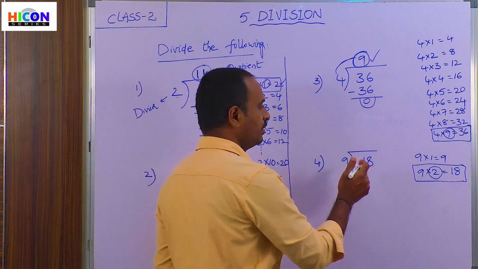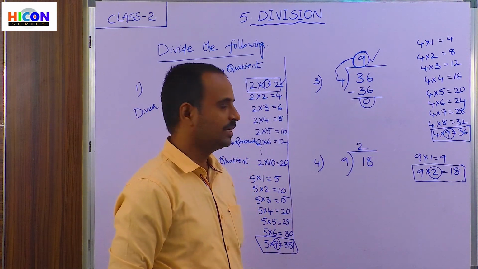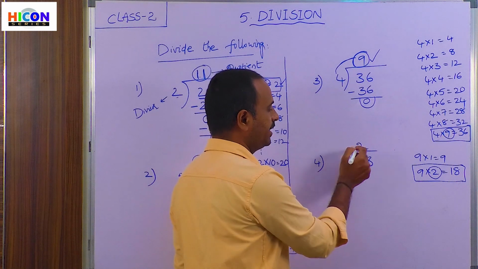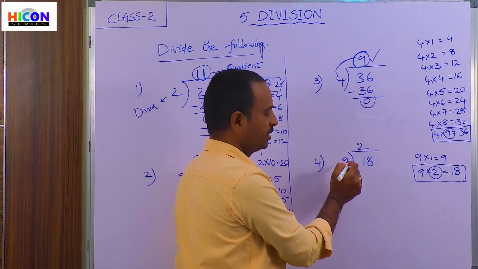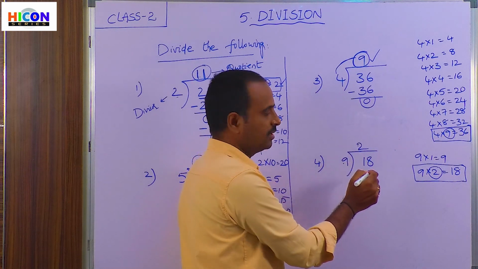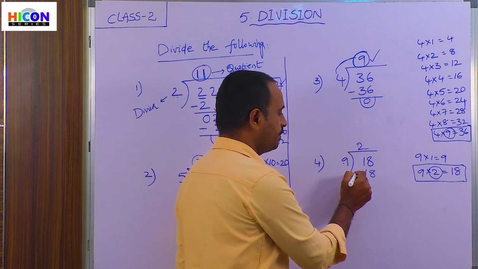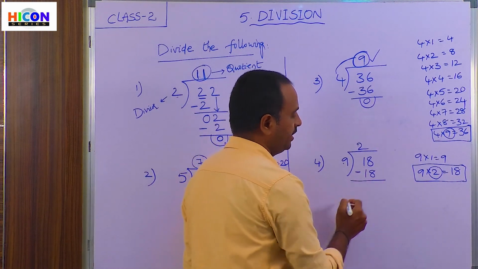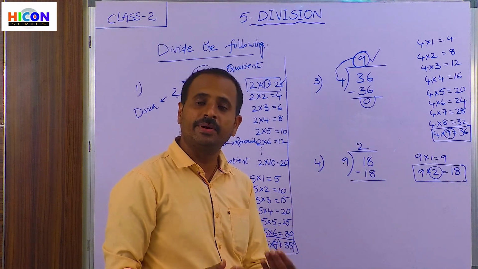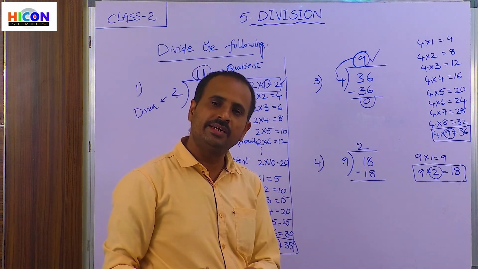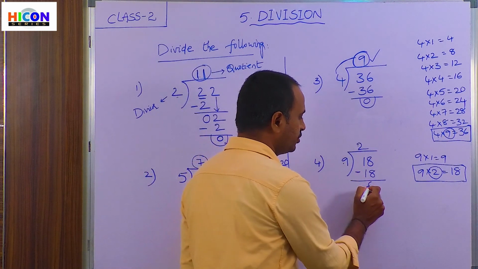Now multiply 9 into 2, the divisor and quotient. 9 twos are 18. And subtract 18. So 18 minus 18, how much? You will get 0.